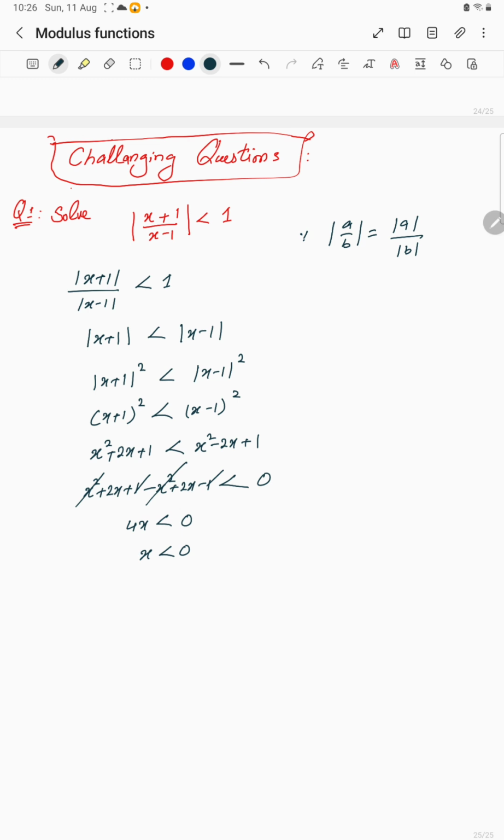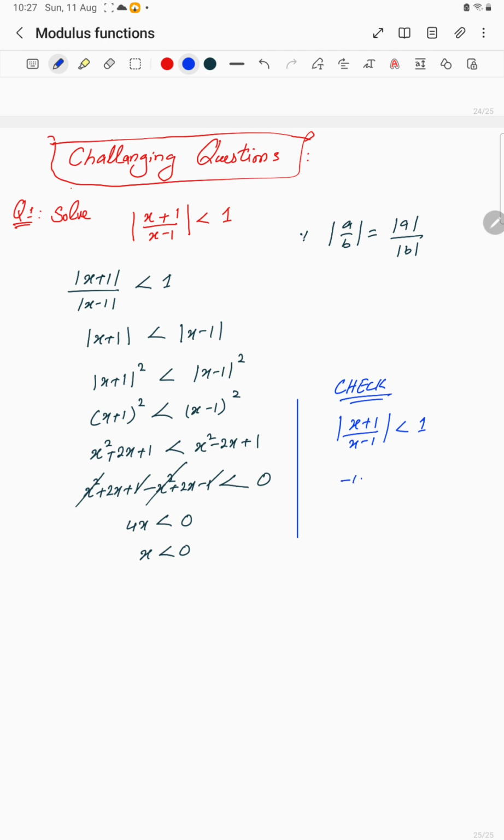Now we can check it by substituting in the original function. We can check the result, whether x is less than 0 or what. So the original function is like this, less than 1. You can replace x with minus 1.